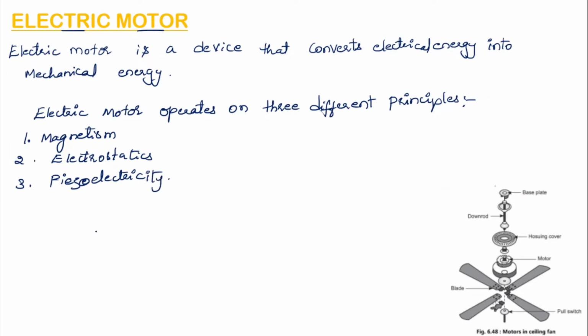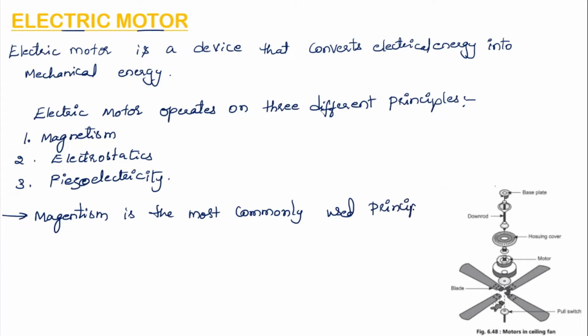The most commonly used principle by the electric motor is magnetism. Here are the main types of motors: DC motors and AC motors, brushed or brushless.